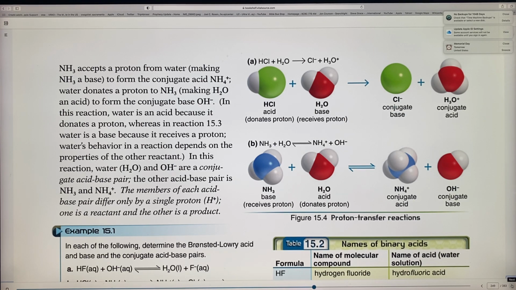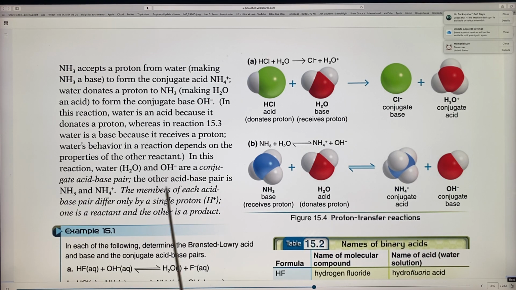So let's go on here. Going over what is happening in the equation that we just described, we're saying in this reaction that water is an acid because it donates a proton. Water can act like an acid or a base depending on which way it is in the equation. But let's look, this is the important part.